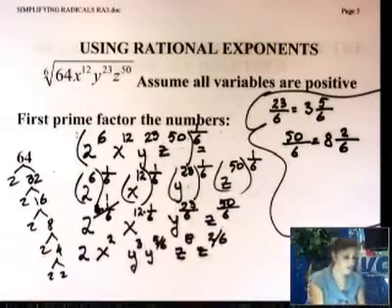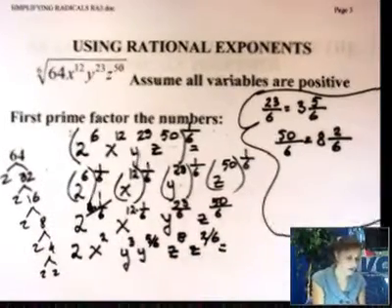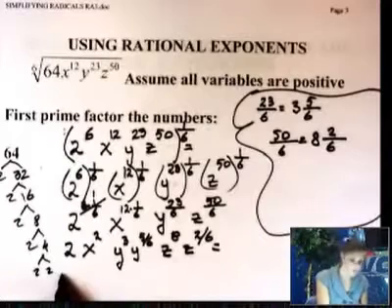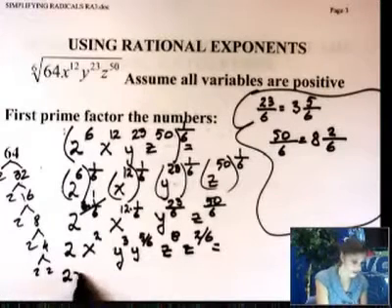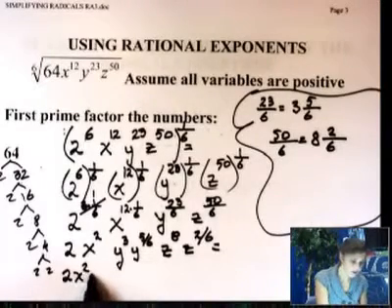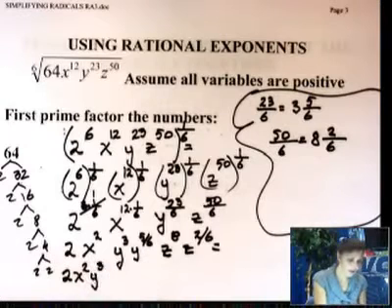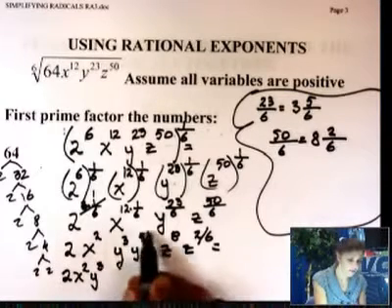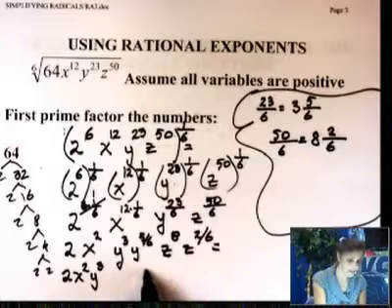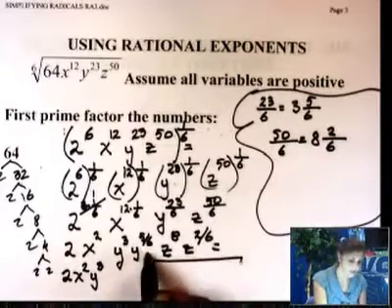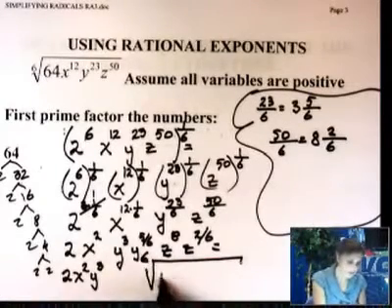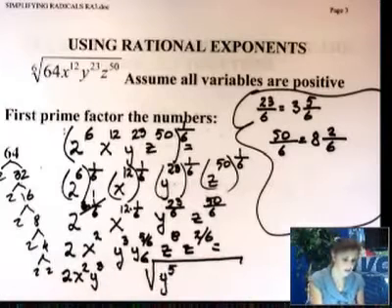All right? So let's write it nice and pretty. What do I have? You have 2, you have x squared, you have y cubed, and you have 5/6. So that means I'm going to have this in there. So that's going to stay inside the radical.